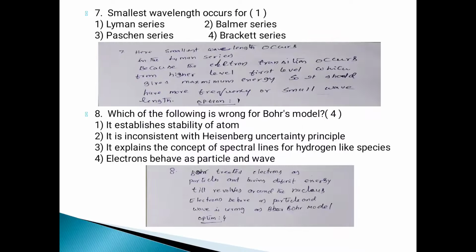Next, 7. If you go to the 7th question, the smallest wavelength occurs for higher energy levels. The smallest wavelength occurs in the Lyman series, because the electron transition occurs from a higher level to the lowest level, or the first shell, which gives the maximum energy.